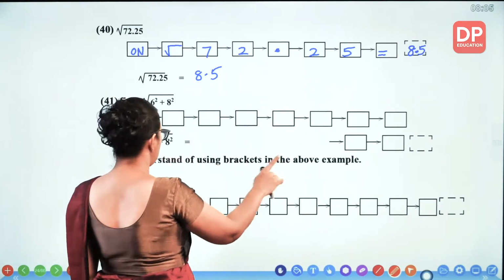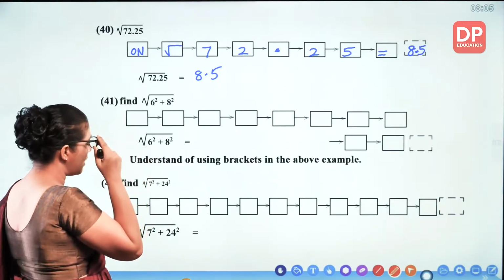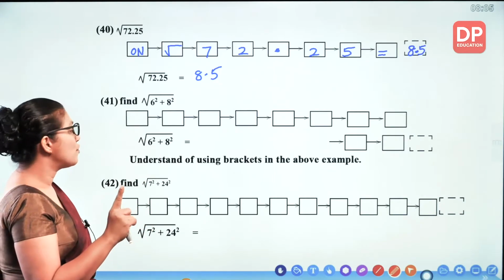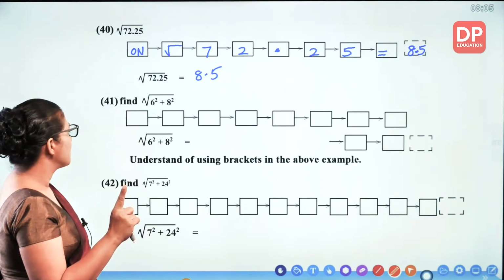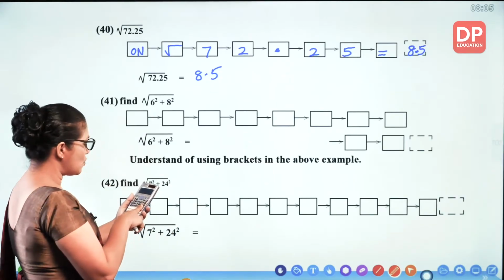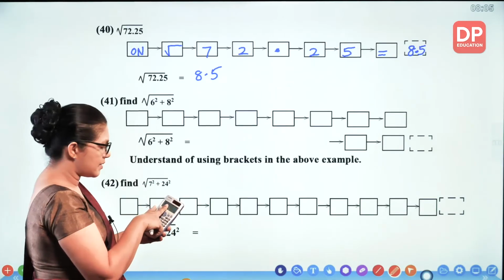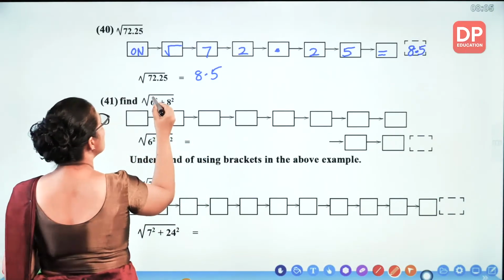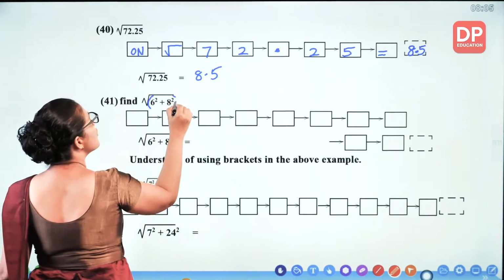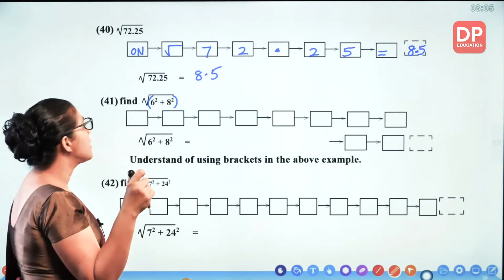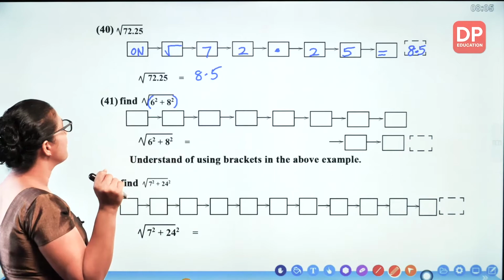But when you are using an ordinary calculator, you have to put brackets. On my calculator, in this one, you don't need brackets. But on certain calculators, you have to put brackets here, showing that these two numbers are inside the square root sign.